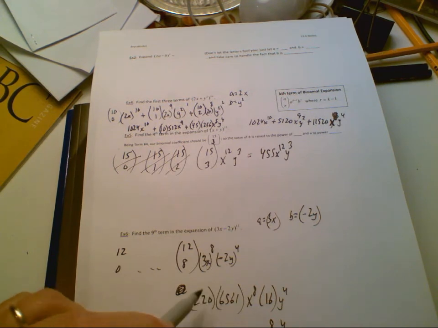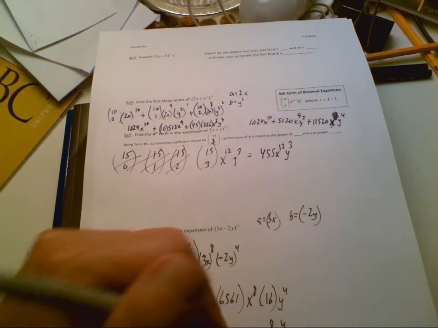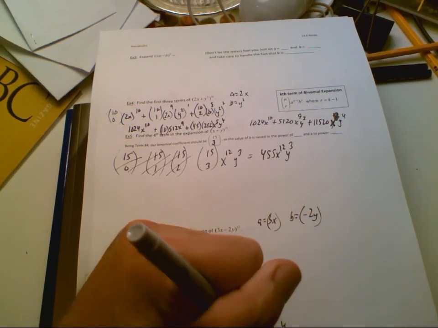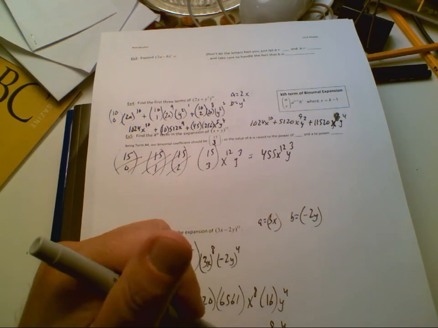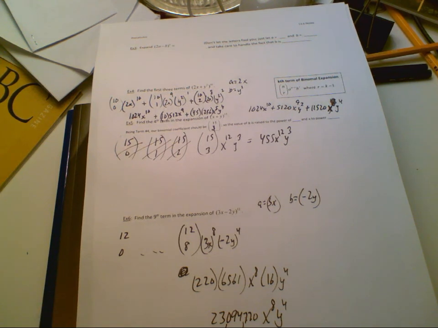And now all I have to do is multiply my different numbers together. 220 times 6,561 times 16 equals, a pretty big number, 23,094,720 x to the 8th, y to the 4th. That's the process to work through for these types of problems.